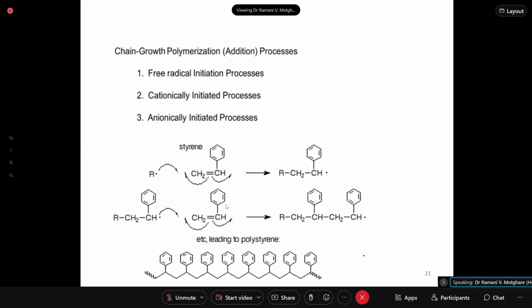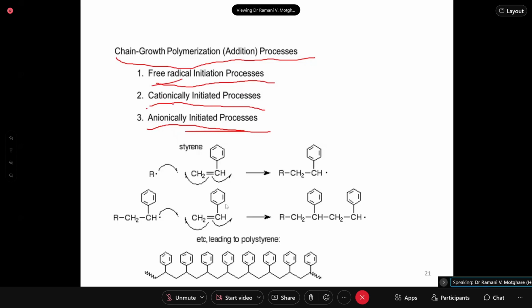Then coming to chain growth polymerization, the addition process. A free radical initiation process is there, a cationically initiated process is there, and then anionically initiated processes are there. So your initiator will be different: either a free radical, a cationic compound, or an anionic compound. We have seen that an initiator is necessary because it initiates the reaction, and once chain initiation takes place, chain propagation is the second step, and then chain termination is the final step.